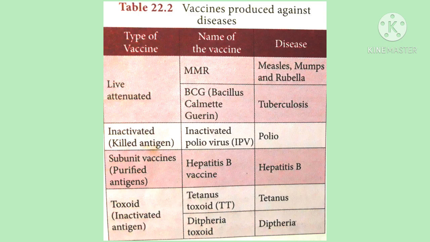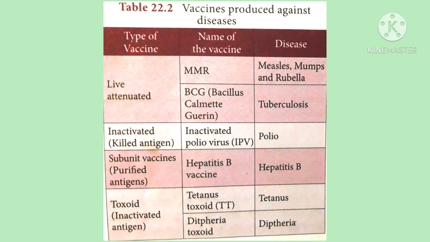Next, types of vaccine, name of the vaccine and disease. Okay, we can see what vaccines are produced from microbes and what diseases they cure. The first one, type of vaccine, live attenuated. Name of the vaccine, MMR. Disease, measles, mumps and rubella. Name of the vaccine, BCG.